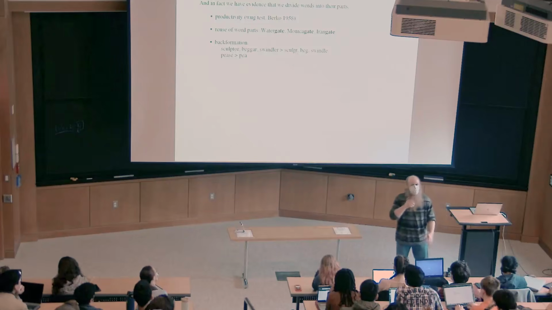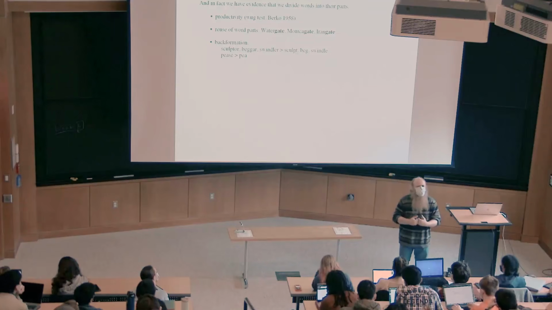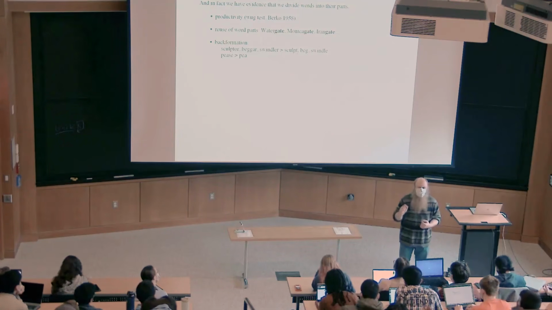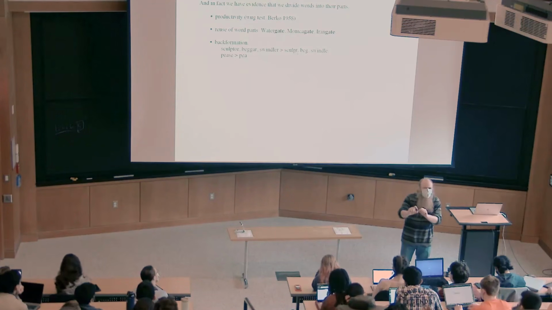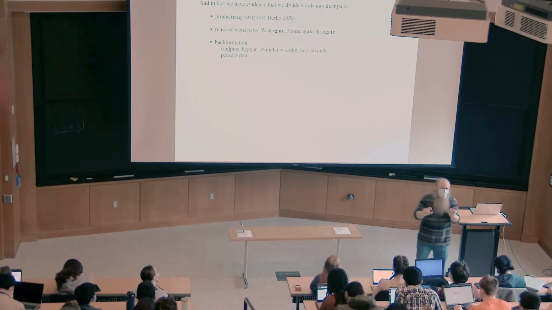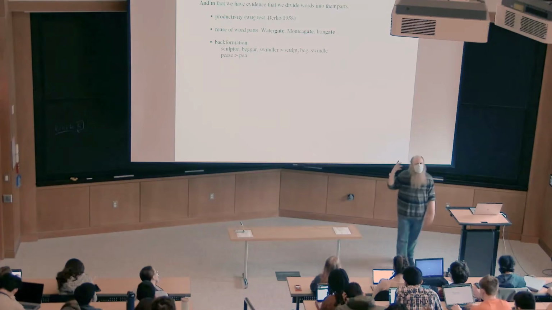Similar thing with pea. Originally, peas was a mass noun. It referred to this group of small round green things that you could eat lots of. So peas was a mass noun, like water or sand or ketchup. But it happened to end in z, so it looks like a plural, and it refers to something you can divide into lots of individual little round green things. And so people made up a singular, pea, and that's where that came from.